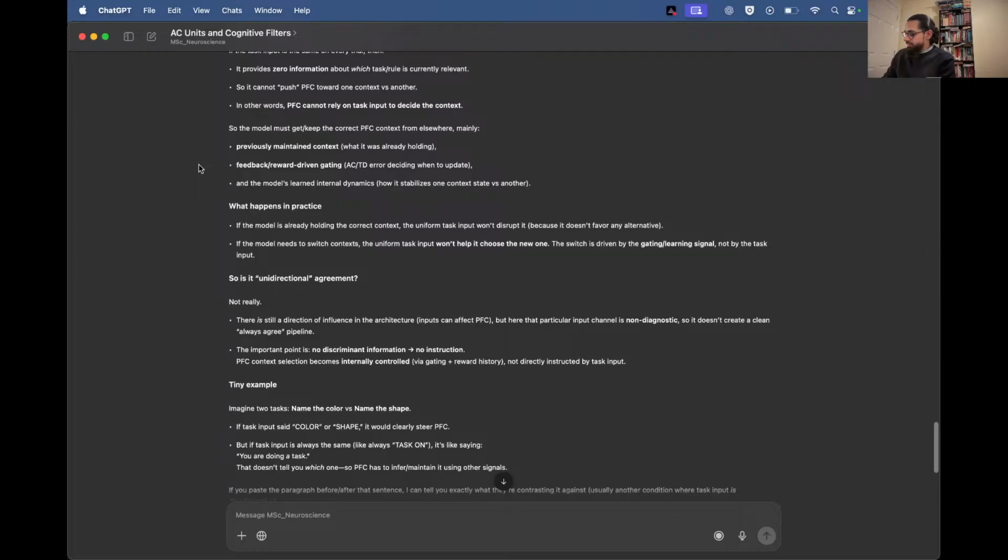PFC cannot use task input to decide the context.